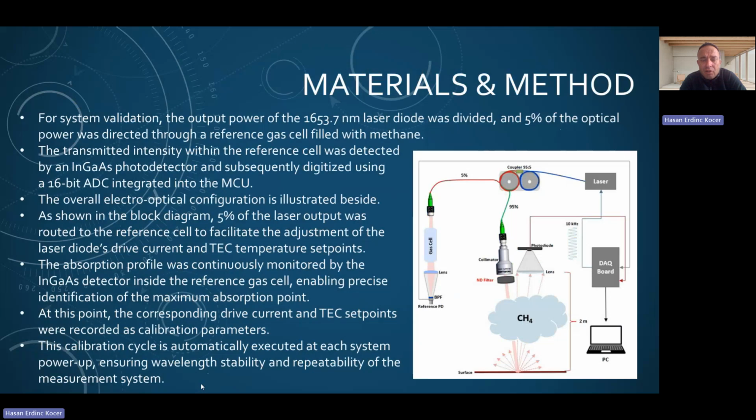At this point, the corresponding drive current and TEC set points were recorded as calibration parameters. This calibration cycle is automatically executed at each system power-up, ensuring wavelength stability and repeatability of the measurement system.